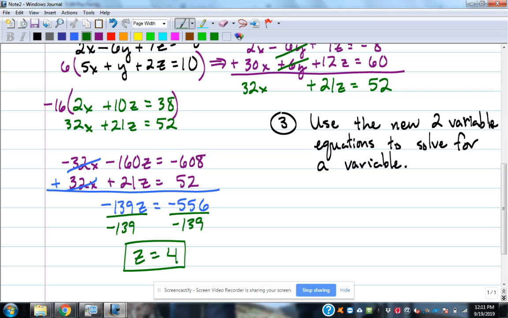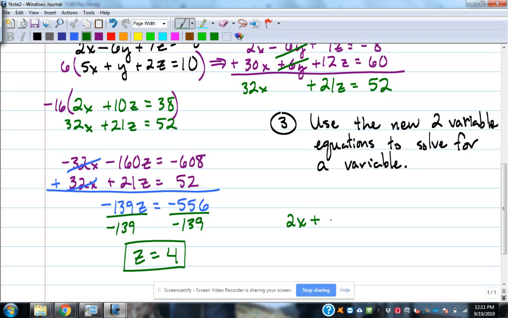Where can I go back and get one of the other variables? Can't go to the originals. It's got 3 variables. I only know one. I got to go to a 2 variable, so that I can get the other variable there. So I want to go back to one of these green ones here and plug in the 4 for z and solve it. So I'm going to go to the 2x plus 10z.